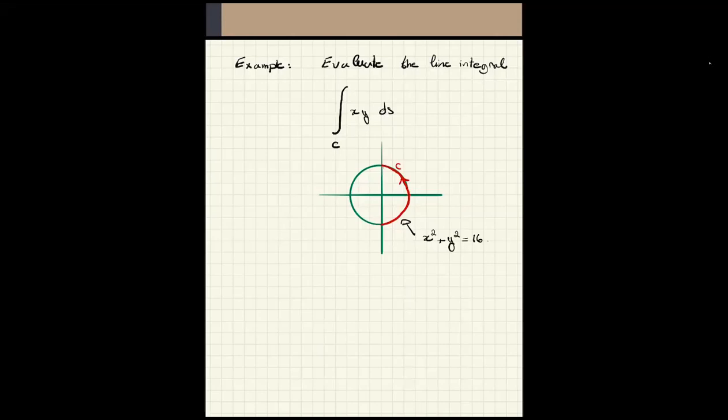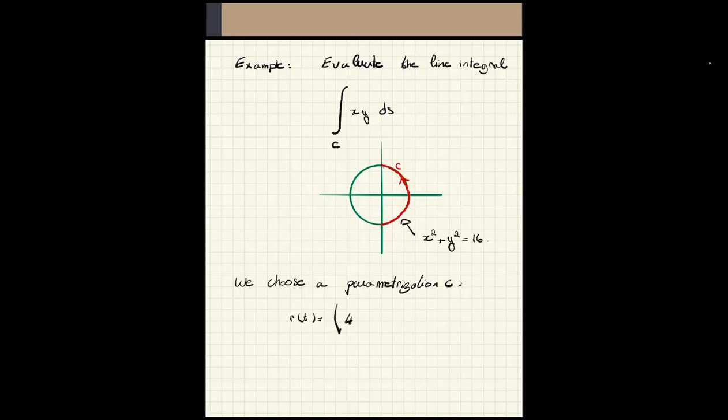Okay, so the thing with these line integrals, you just have to remember the formulas and just apply them, right? So you always have to give a parameterization of the curve. So we choose a parameterization of C. For a circle, it's always cos and sine, and it's radius 4, right?